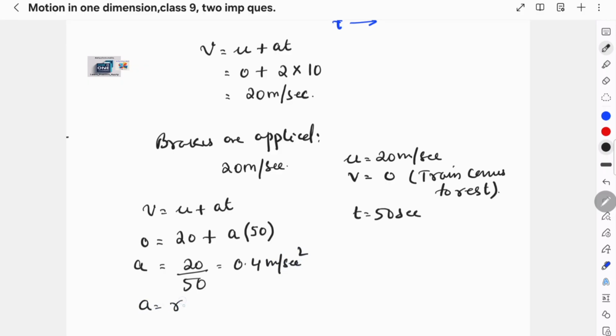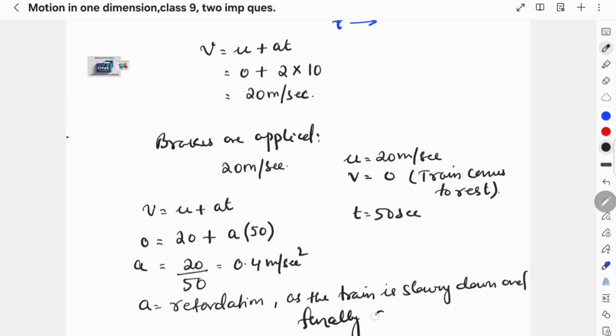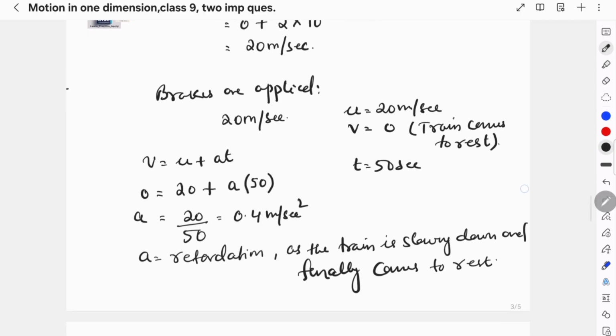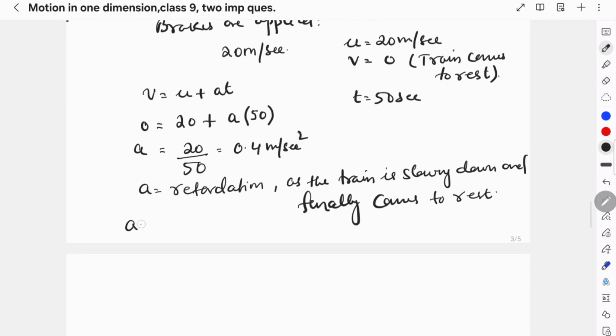Now this a is basically retardation, as the train is slowing down and finally comes to rest. So this a will be minus 0.4 meter per second square for the third part.